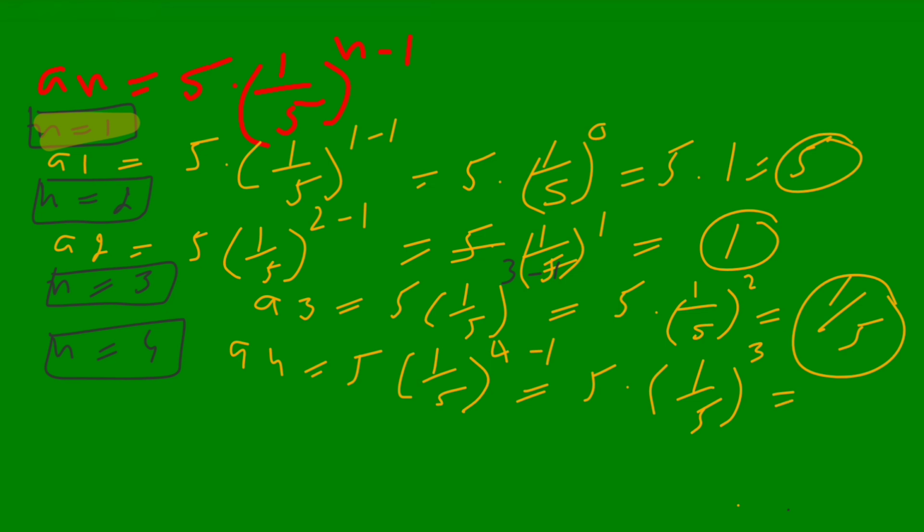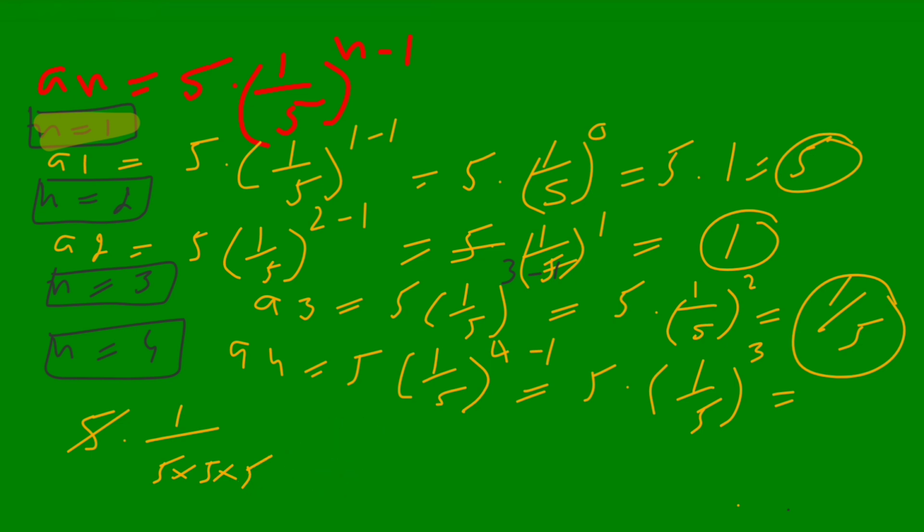Now simplifying more, 1 over 5 whole power 3 is 5 multiplied by 1 over 5 multiplied 3 times, 5 5 5, and the 5 cancels, and the remaining is 1 over 25.